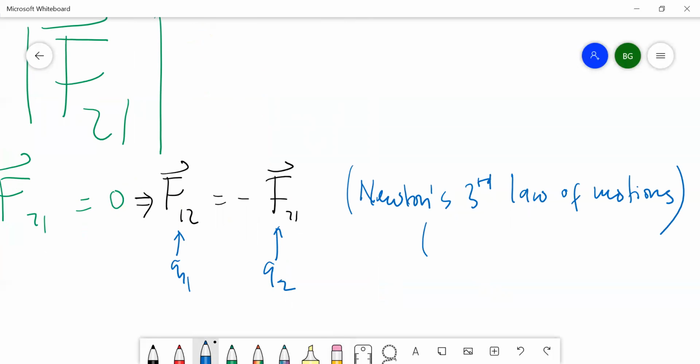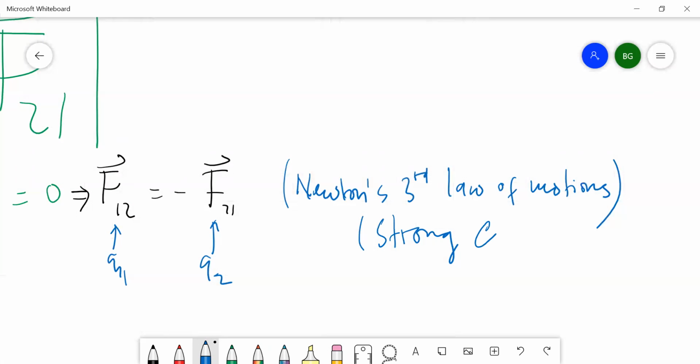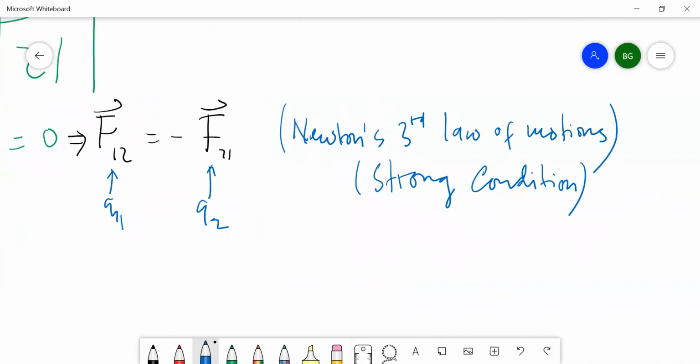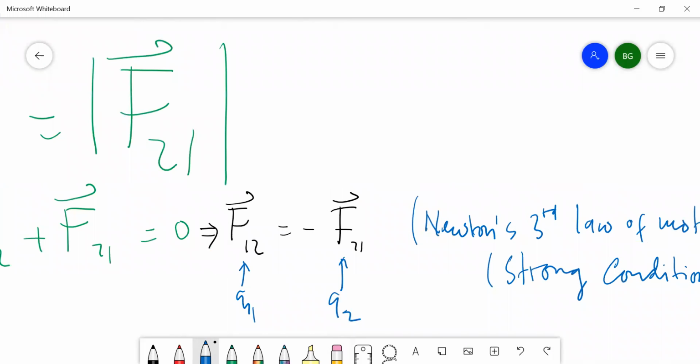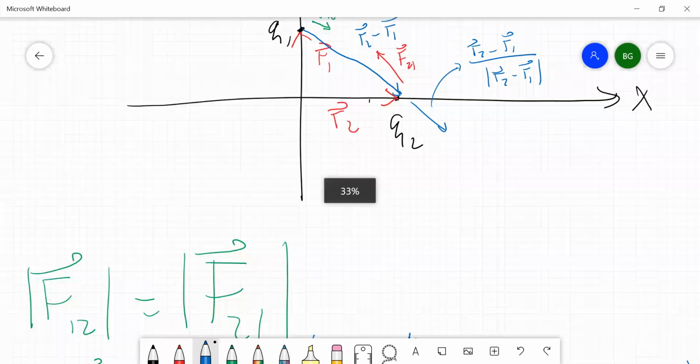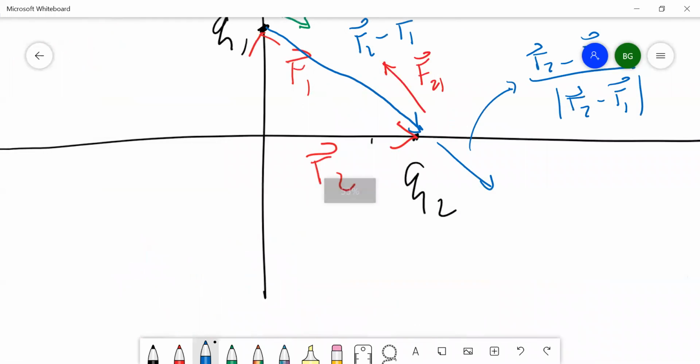This is the strong condition. What does strong condition mean? It means that the action and reaction forces lie on the same line like this.